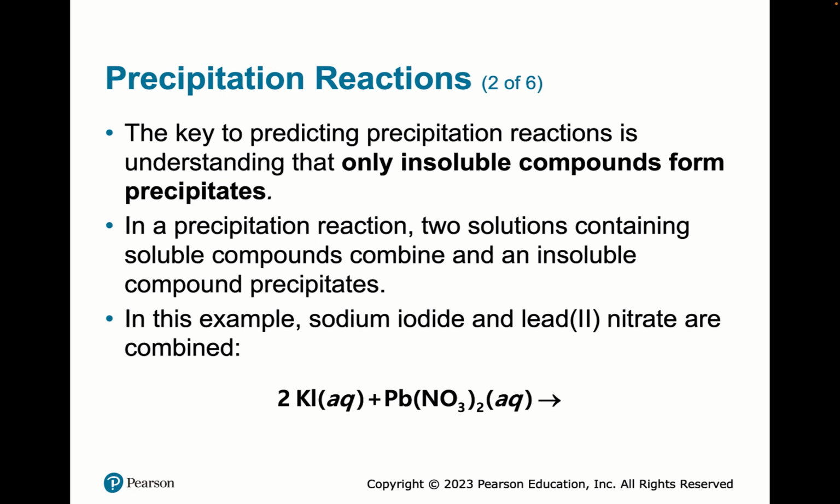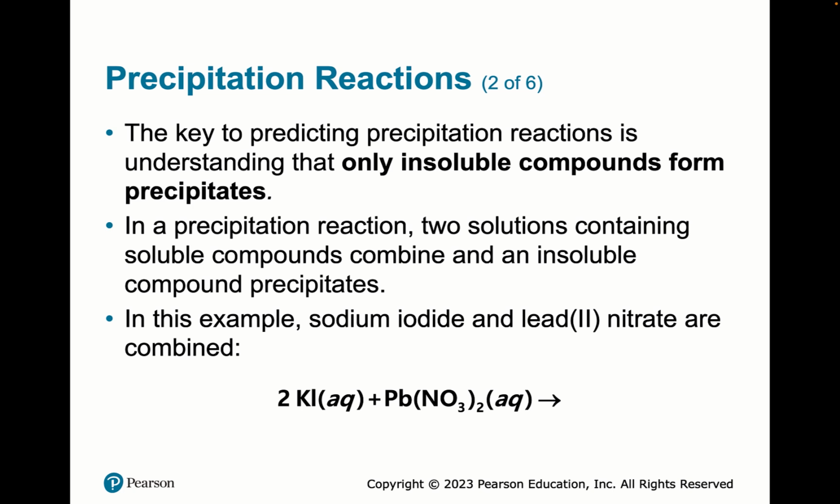Okay, so precipitation reactions. This is a chemical reaction because a new compound is formed that's no longer soluble. We take two solutions that contain soluble compounds, combine them, and maybe they will form an insoluble precipitate.